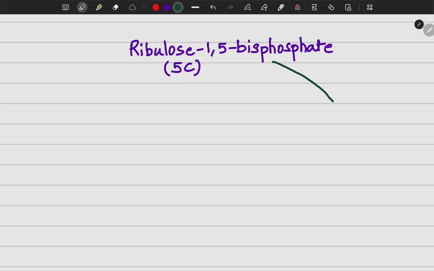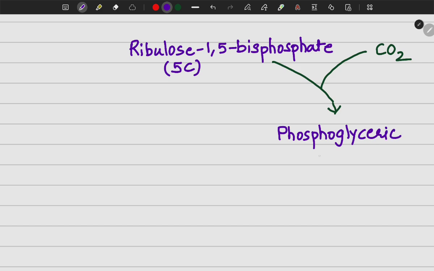It will combine with the atmospheric carbon dioxide, CO2 from the atmosphere, and form the first stable product, which is phosphoglyceric acid, or PGA.